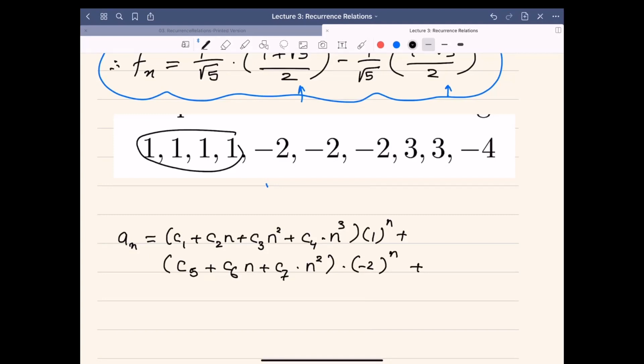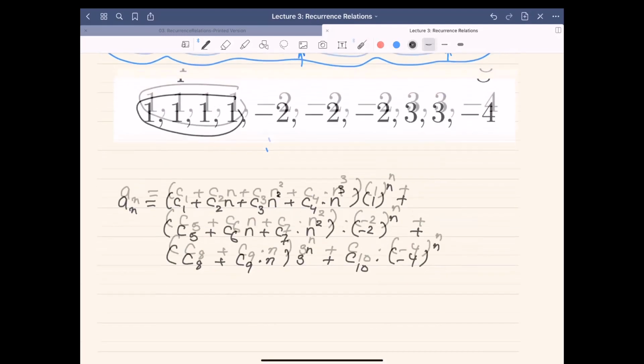Plus, now 3 is repeated twice, so it will be c8 plus c9 multiplied by n, times 3 raised to power n. And finally, we have c10 multiplied by minus 4 raised to power n.